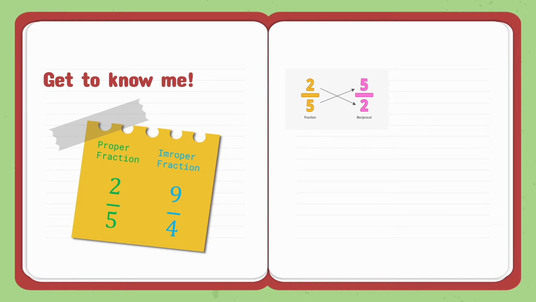This is an example of reciprocal. From 2/5, the 5, which is the denominator, becomes the numerator, and the numerator 2 becomes the denominator. So in reciprocal, you just need to flip or switch the numerator and the denominator.